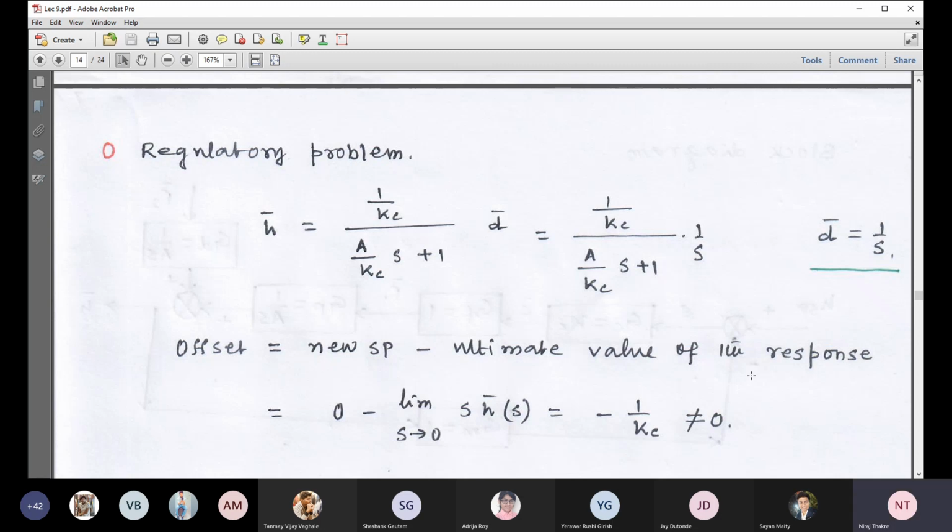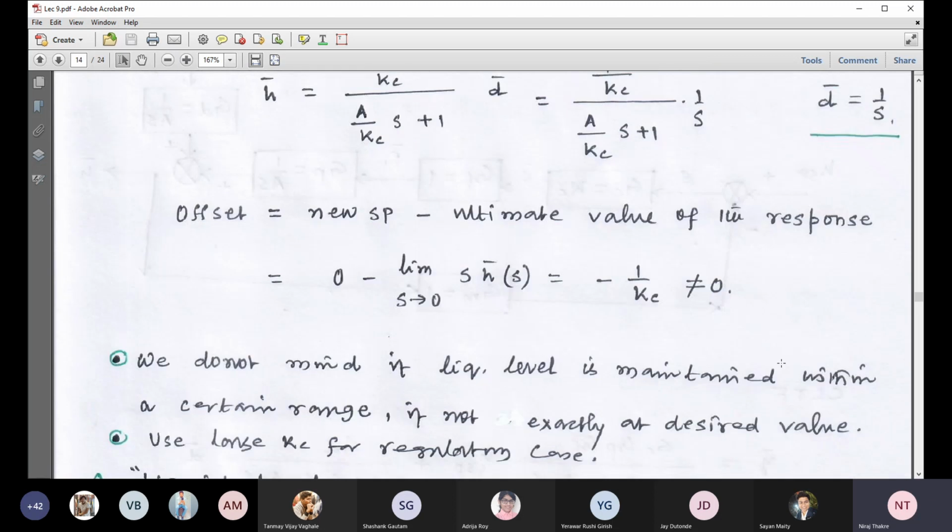So, even with the use of a P only controller for this liquid level system, we got offset equal to 0 for the servo case. So this is an exceptional case. Usually with a P only controller, we have offset. But for this particular example, we got offset equal to 0 for the servo case.